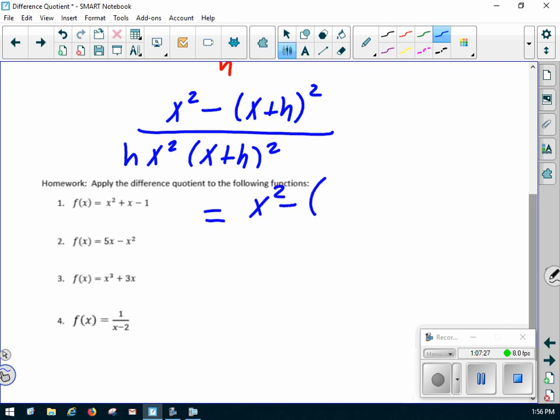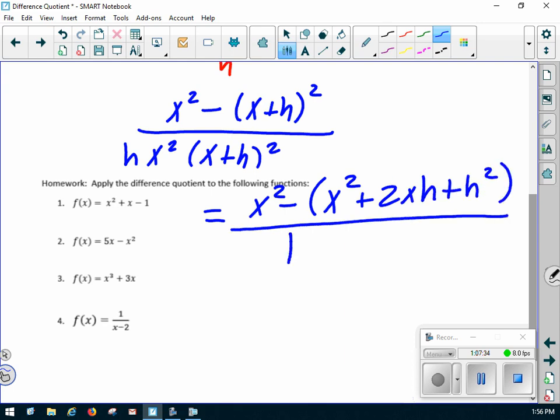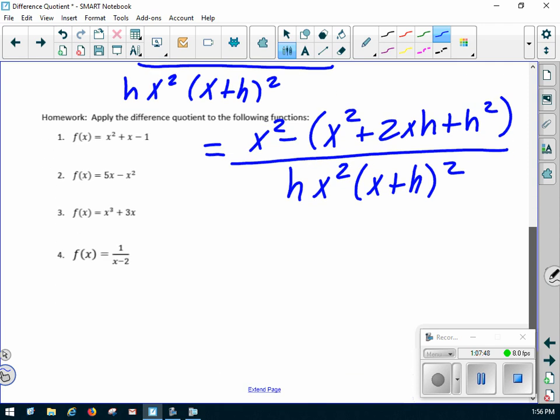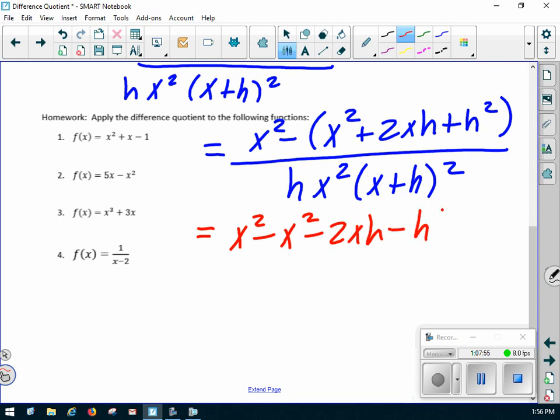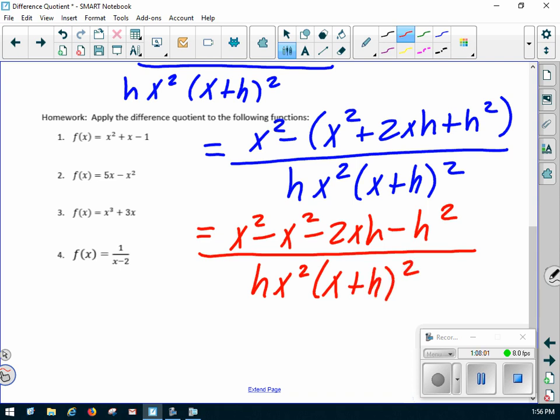X squared minus... Do you need to multiply out the bottom? Never.